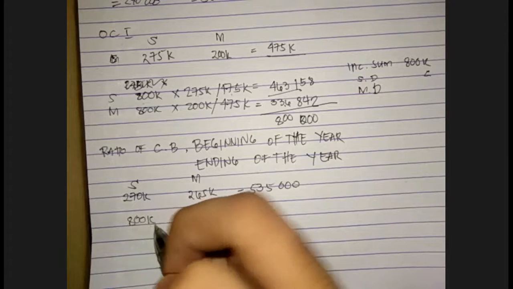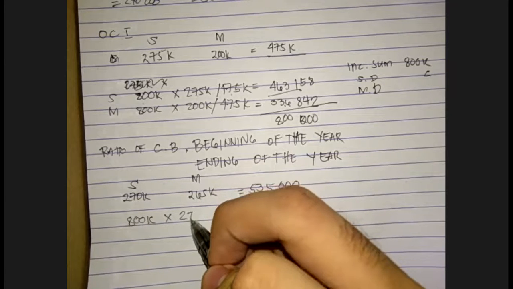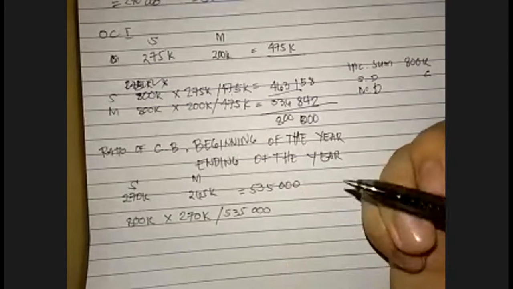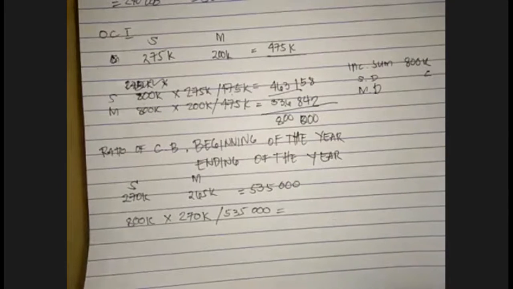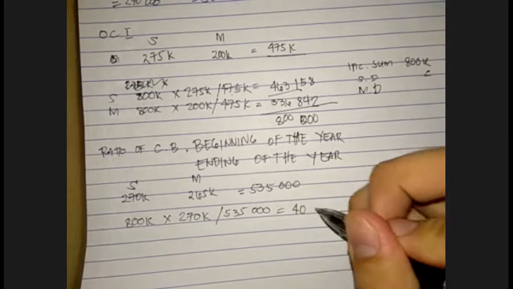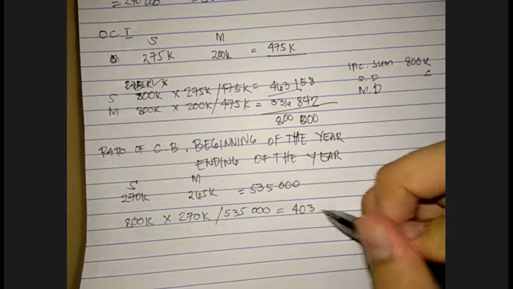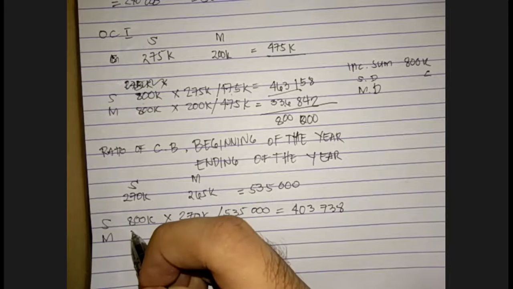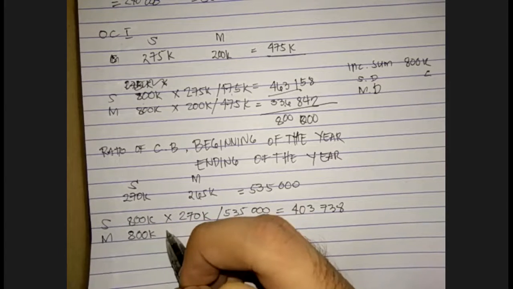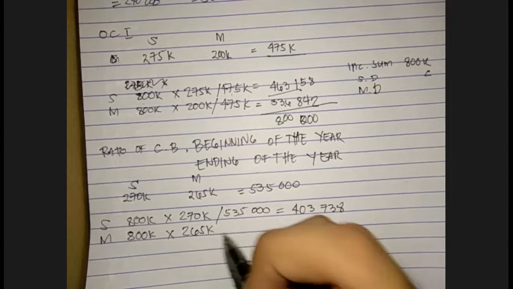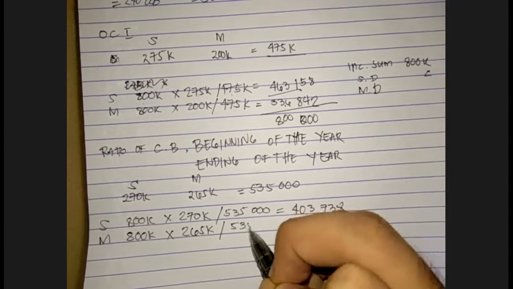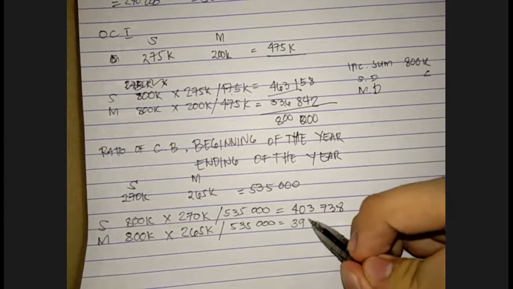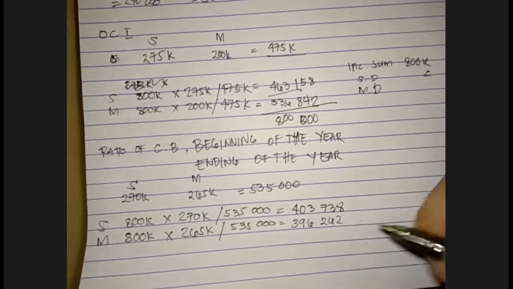To compute yung distribution ng dalawa ng profit, si profit na 800,000 multiply ng 270,000 ending ni S and divide ng 535,000 na total ending balance is equal to 403,738. And si M naman is merong, to compute yung ano niya is 800,000 times mo ng 265 na ending and divide ng 535,000 is equal to 396,262.